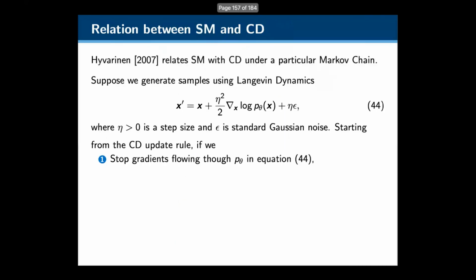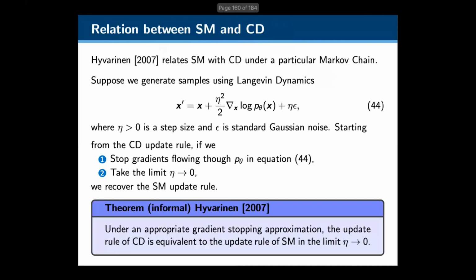I'm going to quickly skip over this slide to give James some more time. But another interesting connection is that under an appropriate limit, contrastive divergence is equivalent to score matching.